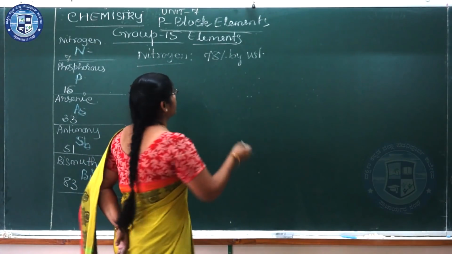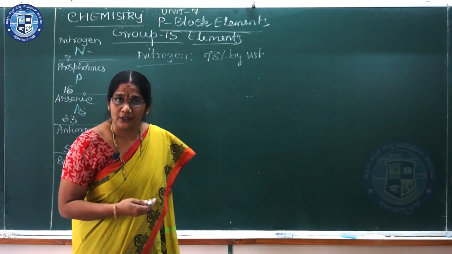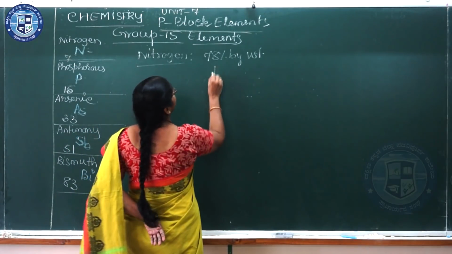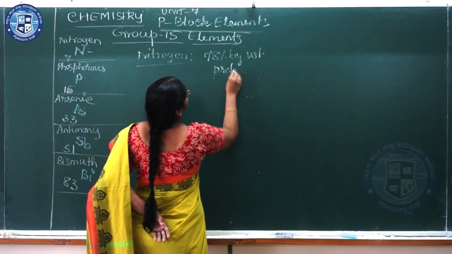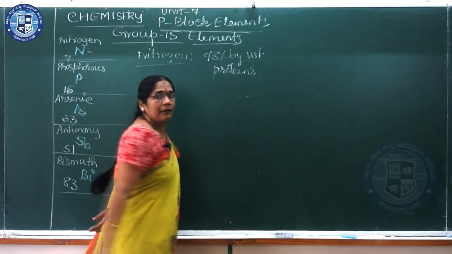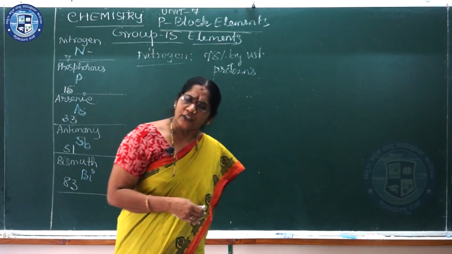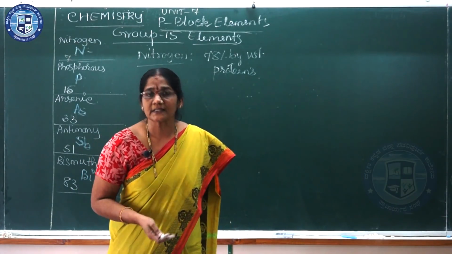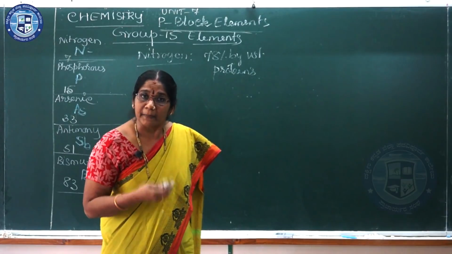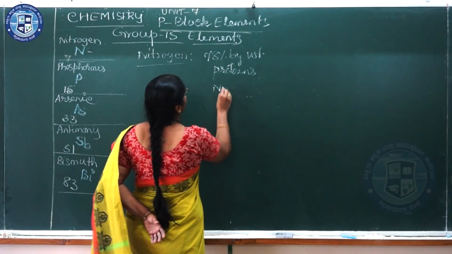Then nitrogen is a very important constituent element of proteins present in plants and animals. And nitrogen is also present in the Earth's crust in the form of its nitrate minerals.